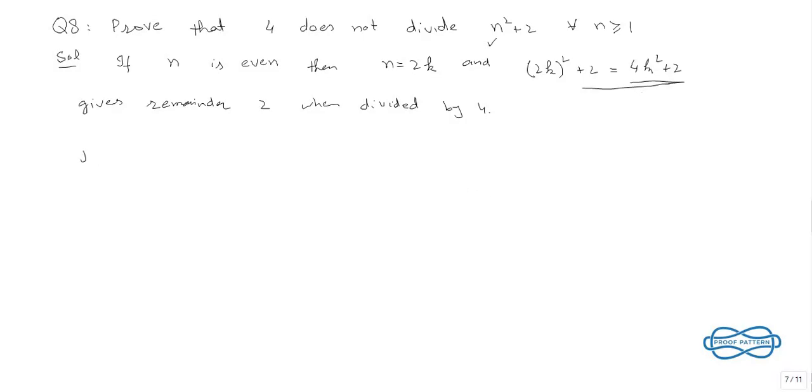And the second case is if n is odd, then n must be of the form 2k plus 1.